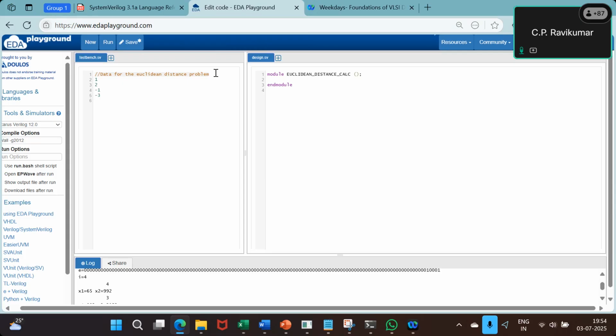Maybe there is 10, minus 5, 6, minus 3, 3, 4, minus 4, minus 2, and so on. Or we could even generate it randomly also. In a real situation, we will possibly have the actual data. We will have to create a file or something like that, or it may be coming from some sensors. But we need some data.